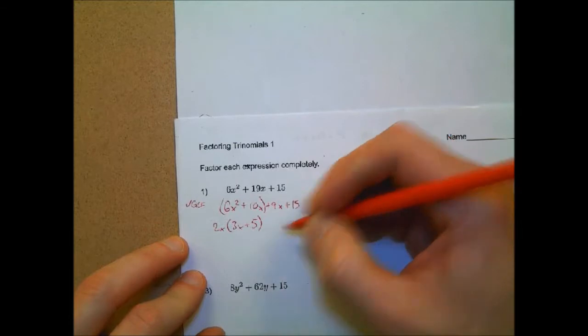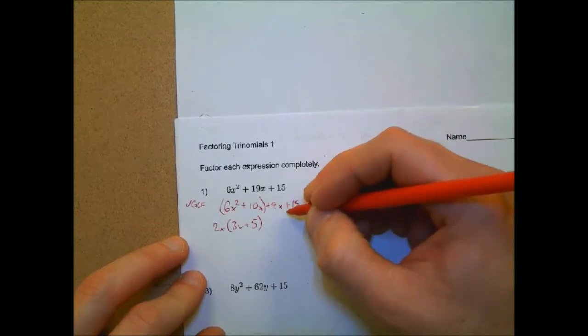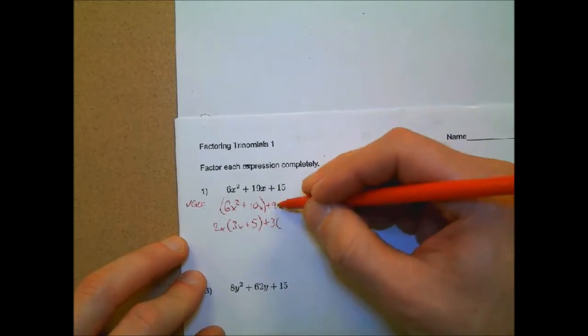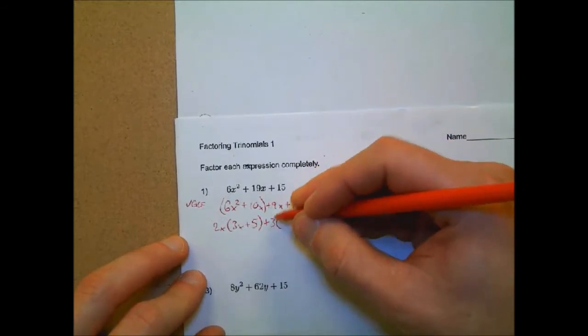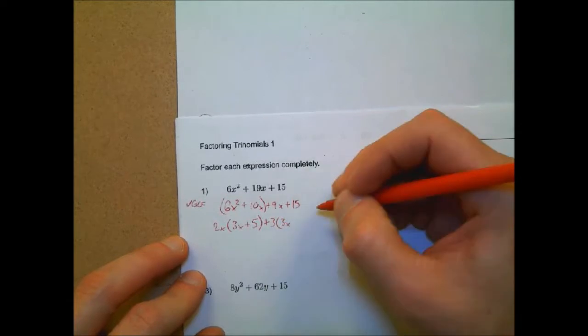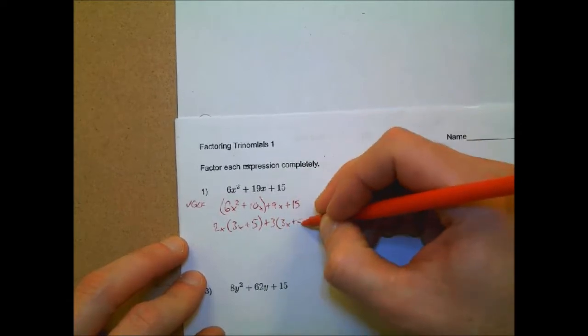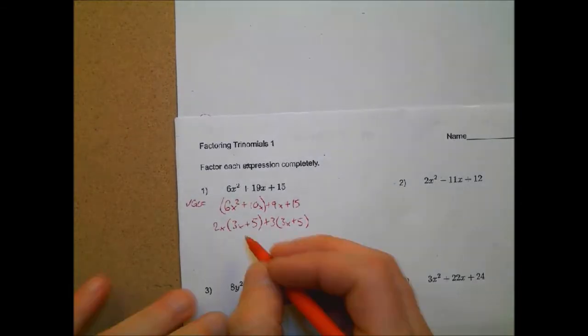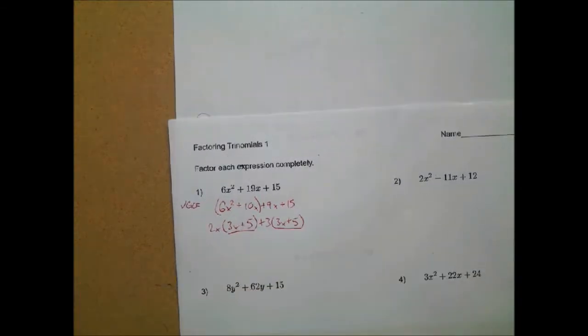A 3, right? A 3 factors out, and what will be left behind? Careful. 9x divided by 3 is 3x, and then a 5. And then would you look at that? 3x plus 5, 3x plus 5. They're the same, aren't they? So I did it right.